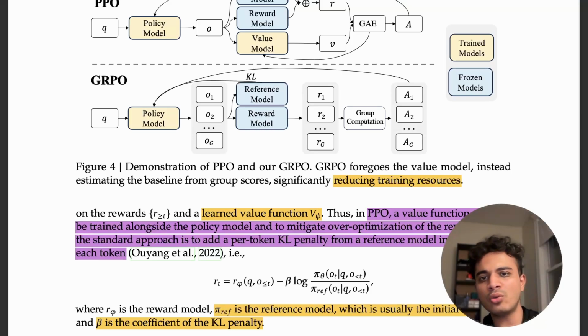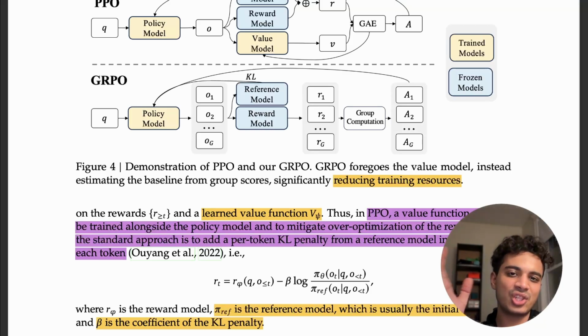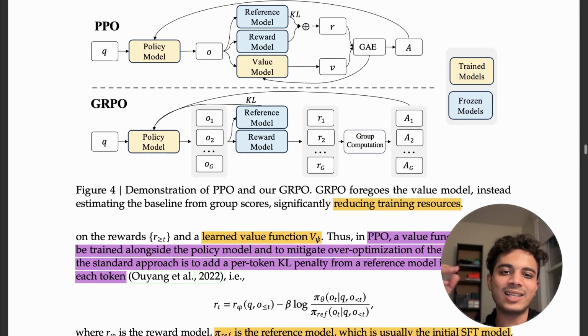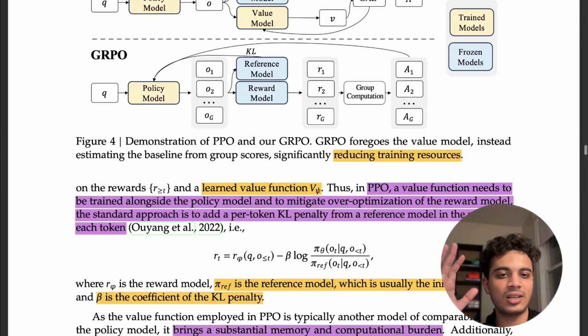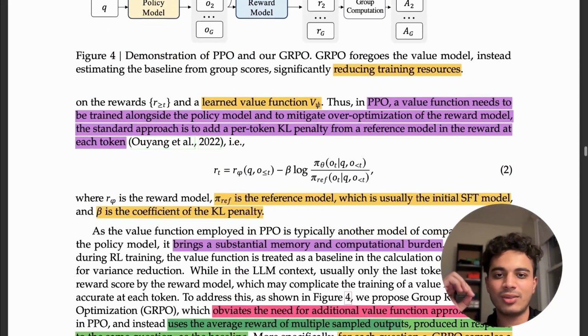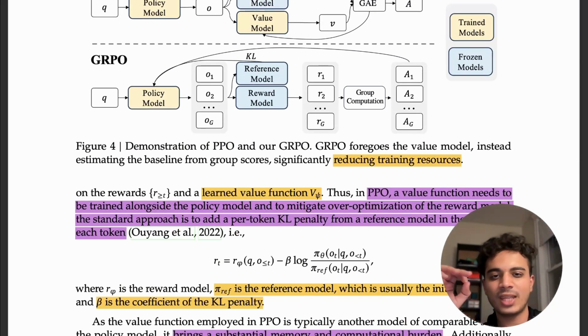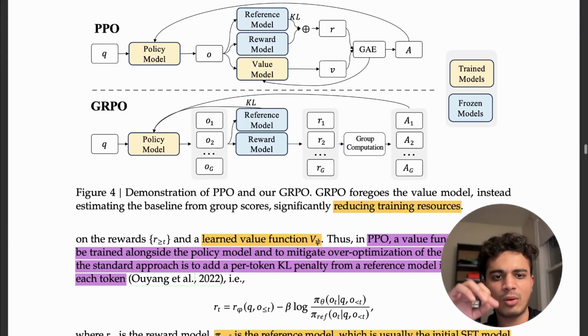And with G number of outputs come G number of rewards, r1, r2, up to rG, right? And then we do some sort of group computation, and we send them to another container, A1, A2, A3. It's the advantage, basically. There are different advantages that we get from every single reward, and then we use that to train our policy model.